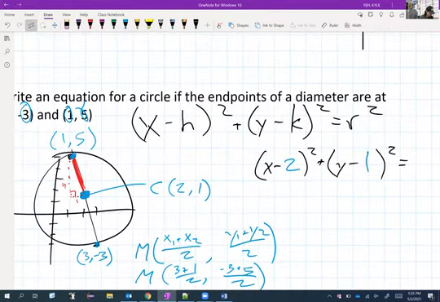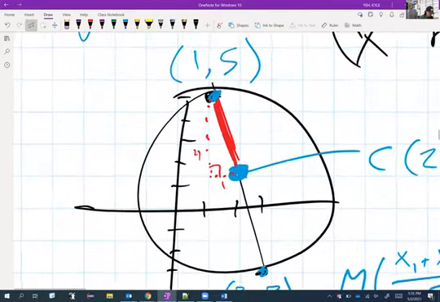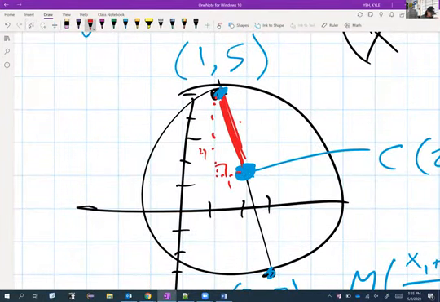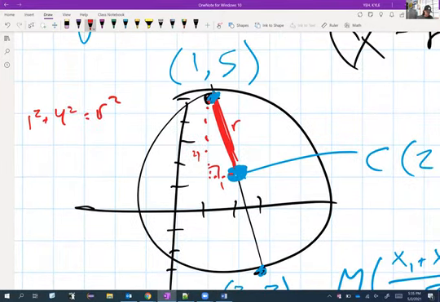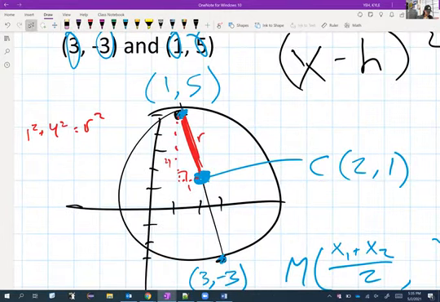So if I'm looking to find the radius, I can say 1 squared plus 4 squared equals r squared, from that right triangle, from the Pythagorean theorem. Again, knowing the coordinates, I went over 1, up 4. 1 plus 16 equals r squared. 17 equals r squared. Could I find the radius? Yes, absolutely. r equals root 17. But think about what I want in my equation.